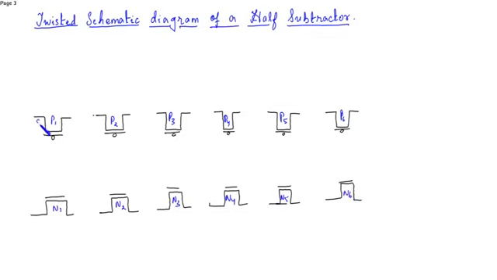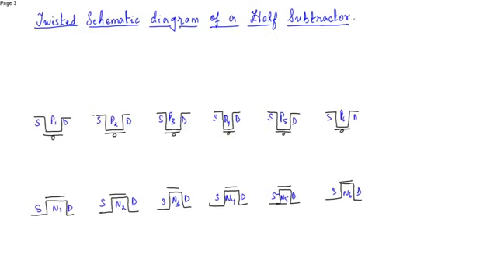These are the sources, drain, source, drain. This is drain, source, drain. Similarly, source and drain.